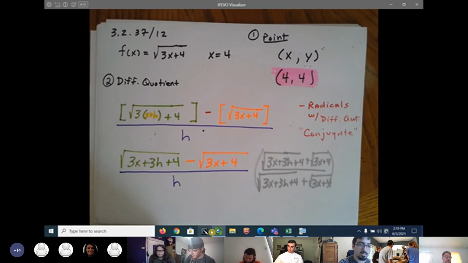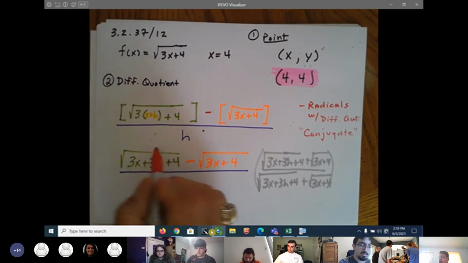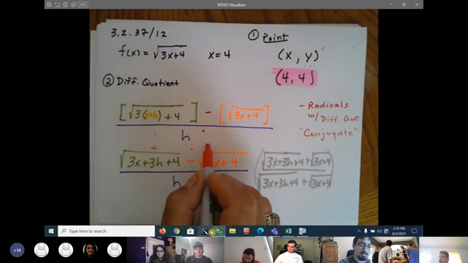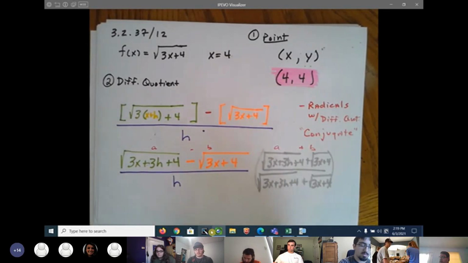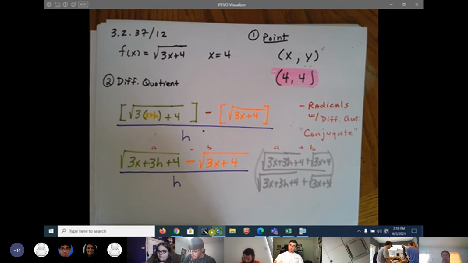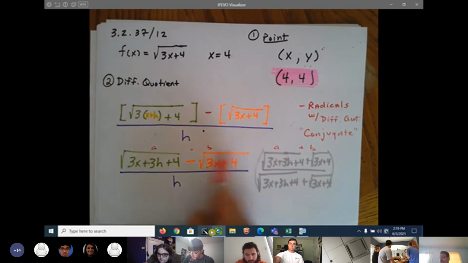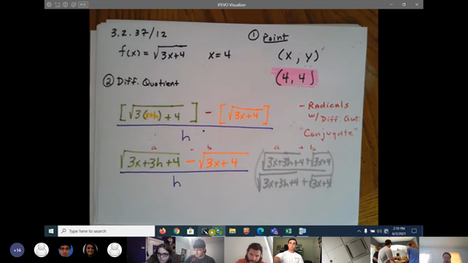Now, when you do this, that gives you a minus b times a plus b, which is shortcut number 3, which is a squared minus b squared, which does away with the what? What does shortcut number 2 do to the radicals? It does away with the radicals, Hubert.